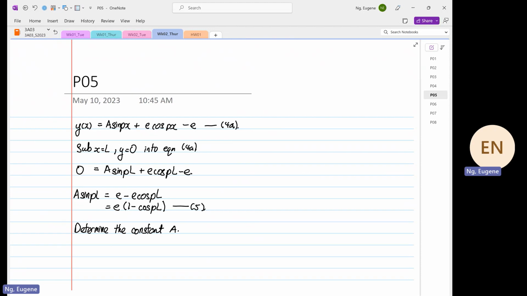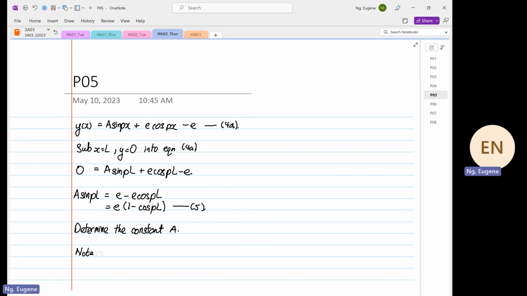Why not we just divide E over sine PL? It's not so straightforward. I want you all to see a form that has been used to derive what the constant A is equal to.